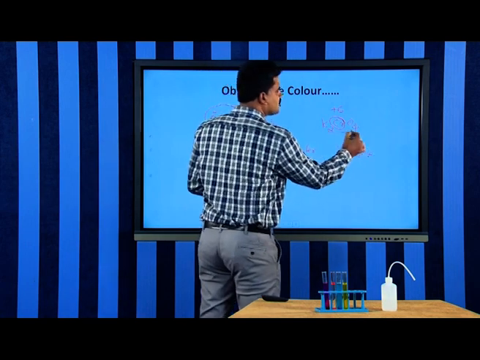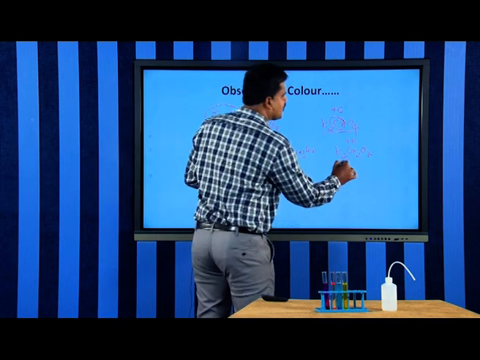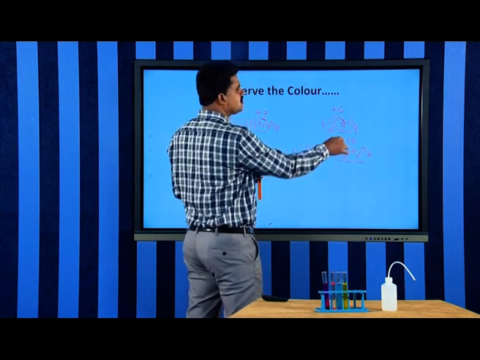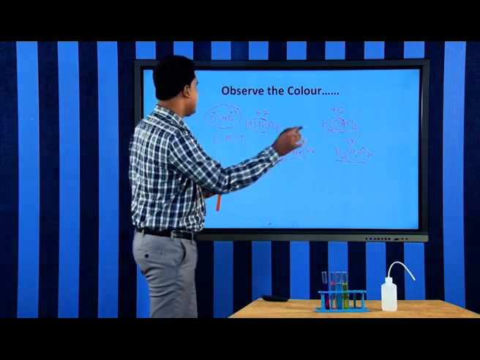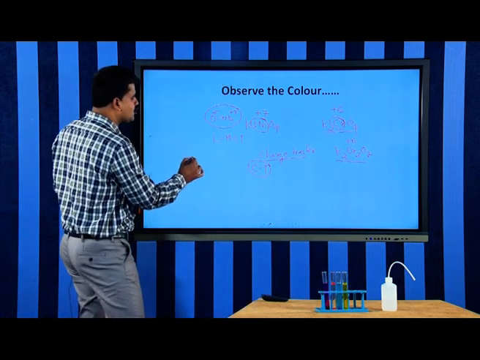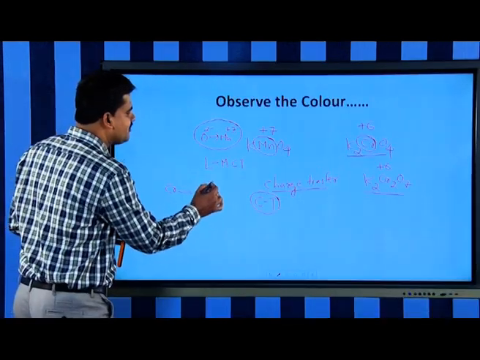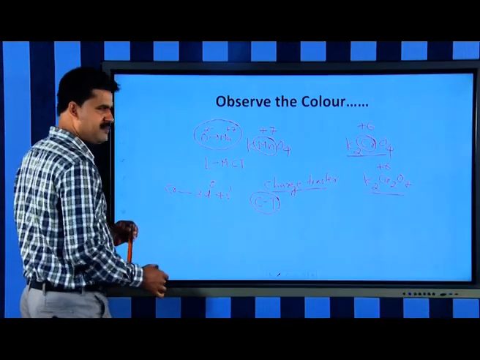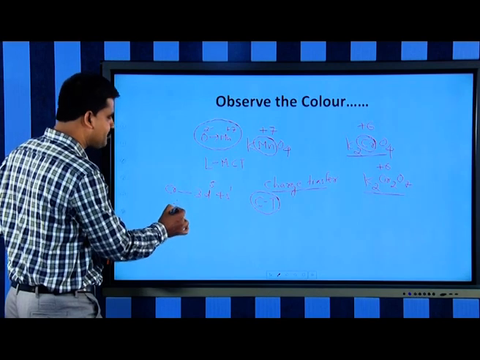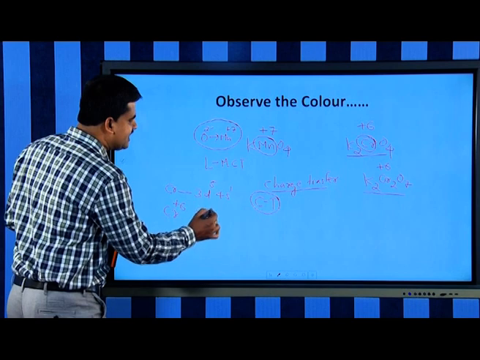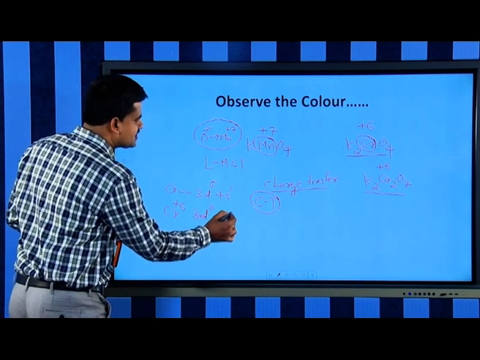So, in potassium chromate as well as in potassium dichromate, the central metal chromium has oxidation state of +6. And you are familiar with this fact, chromium has an electronic configuration 3d5 4s1. So, for chromium +6, the electronic arrangement is 3d0 4s0.